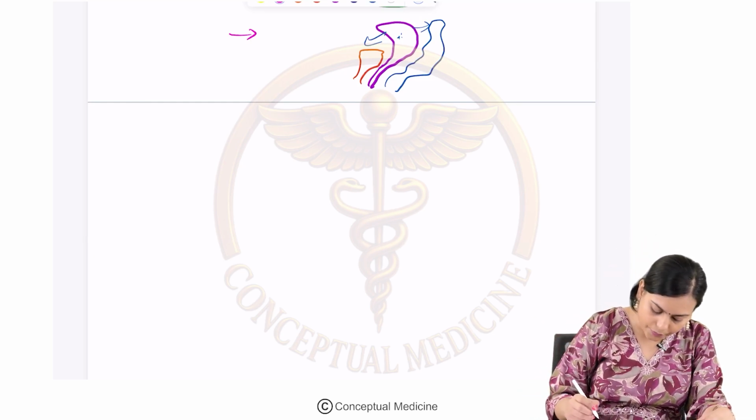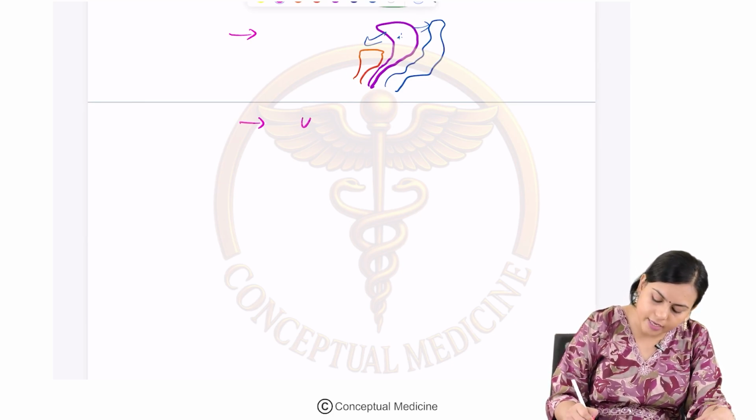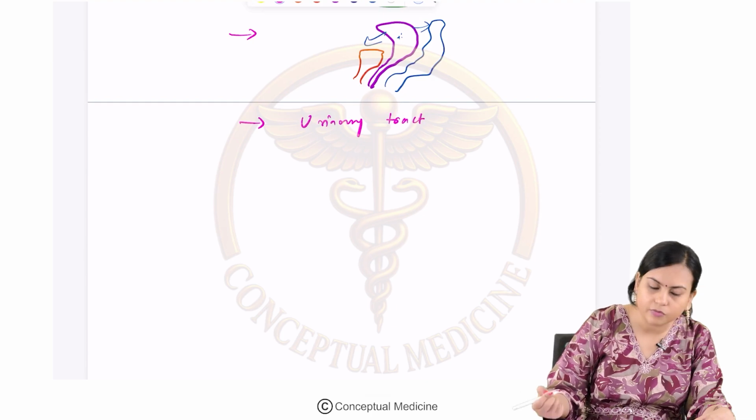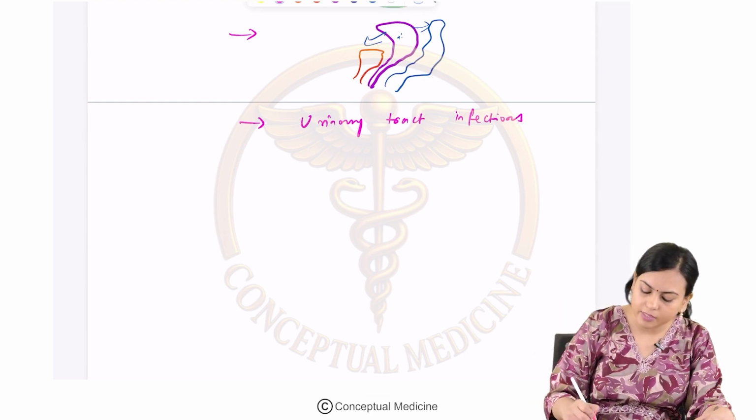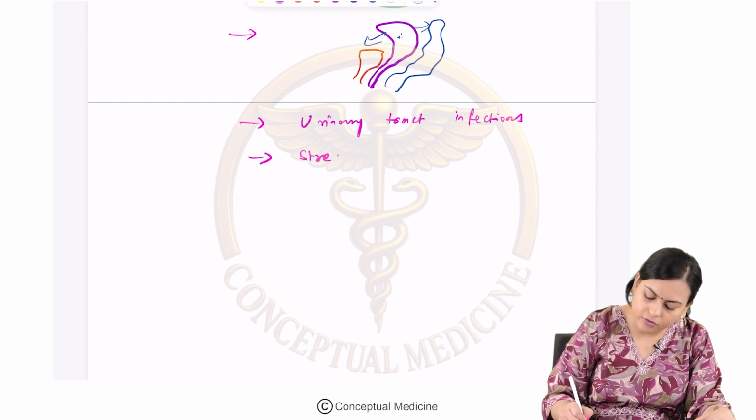Okay, and remember to rule out any urinary tract infections also if there is an increased frequency of micturition. Okay, rule out urinary tract infections also. And sometimes there can be stress urinary incontinence also.